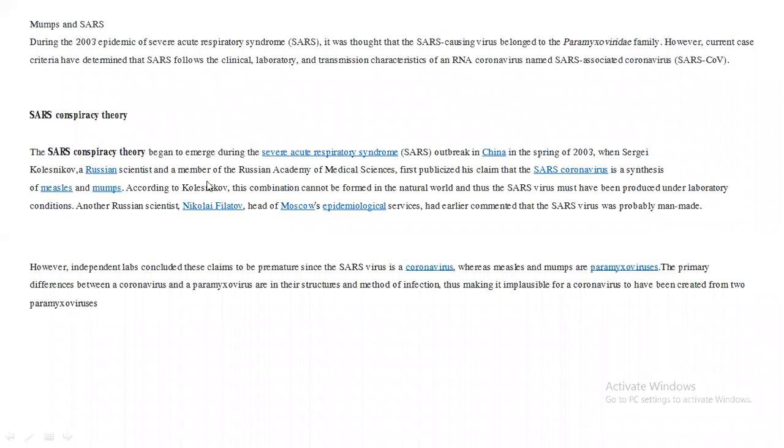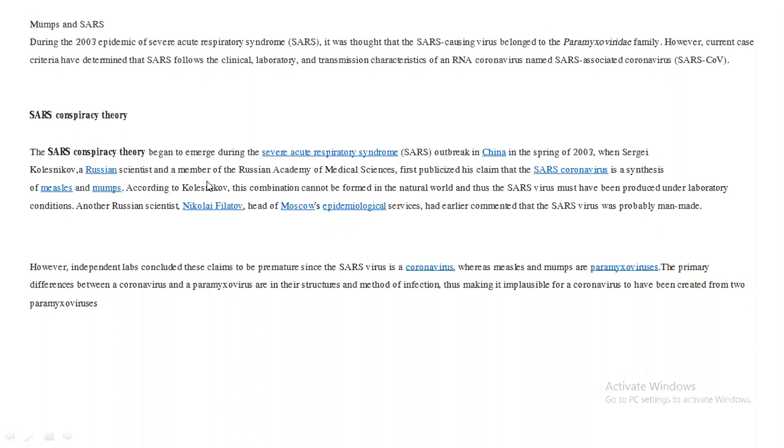The SARS conspiracy theory began to emerge during the SARS outbreak in China in the spring of 2003 when Sergei Kolesnikov, a Russian scientist and a member of the Russian Academy of Medical Science, first published his claim that the SARS coronavirus is a synthesis of the measles and mumps viruses.